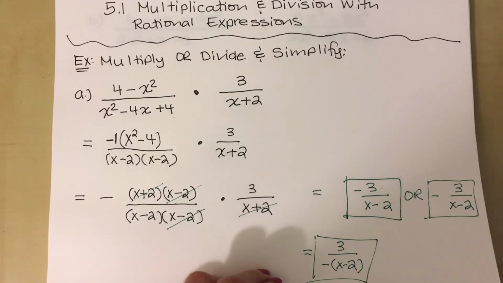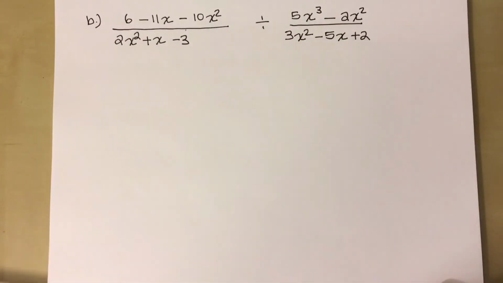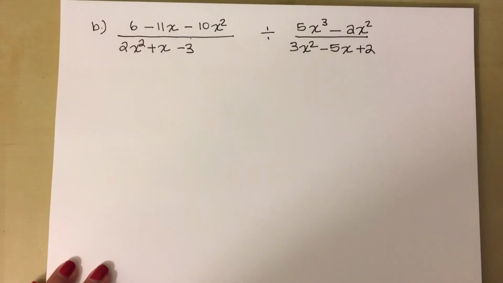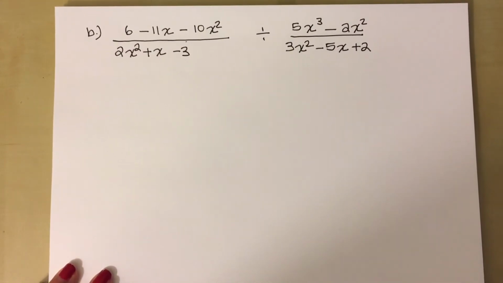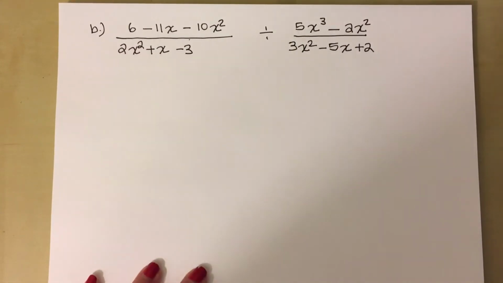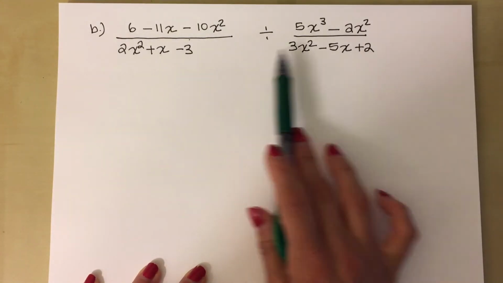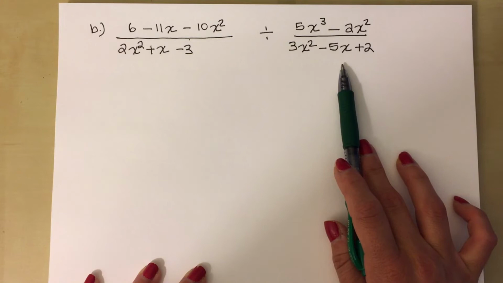Let's take a look at the second example. This is an example where we have to divide two fractions. And just remember that to divide two fractions, we always change division to multiplication and write the reciprocal of the second fraction. We are going to start off by factoring every single part.